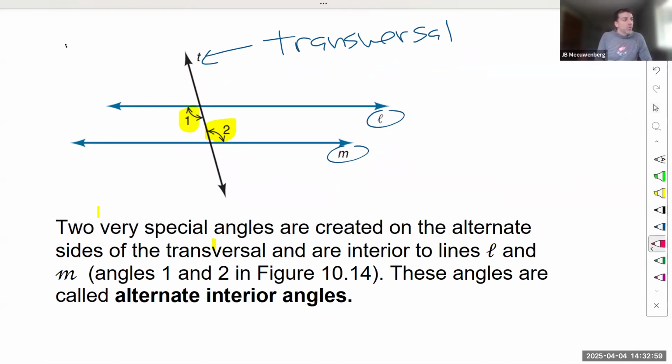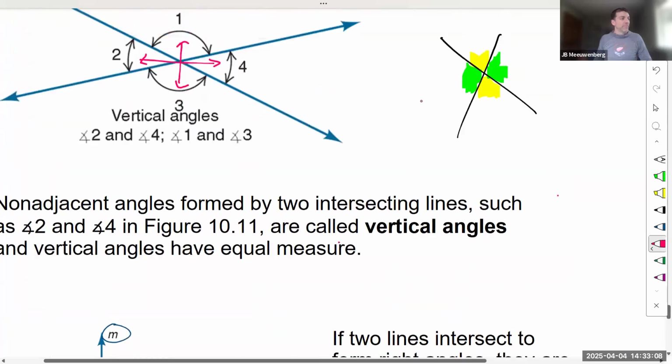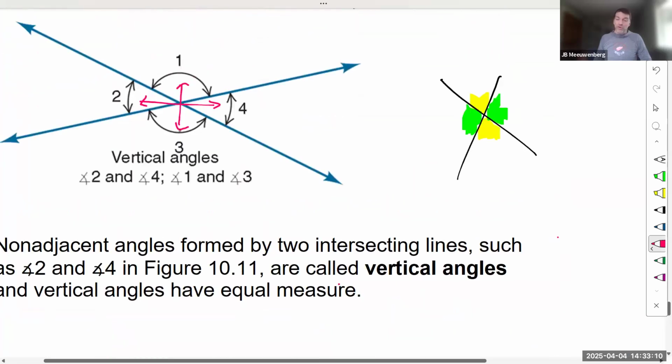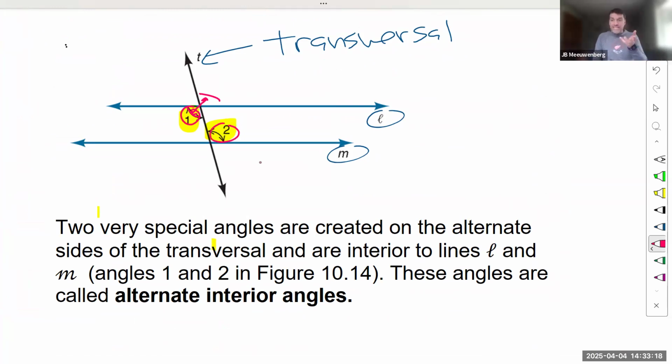And so we know from earlier that these two angles are equal. Recall from up here, vertical angles. Remember vertical angles? So these two angles are vertical. These two angles are alternate interior. They're on alternating sides.